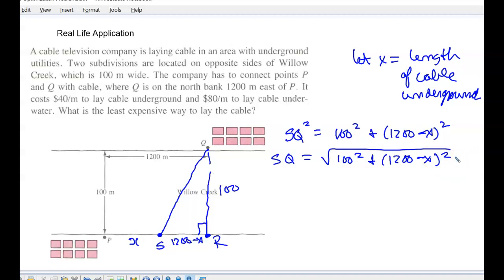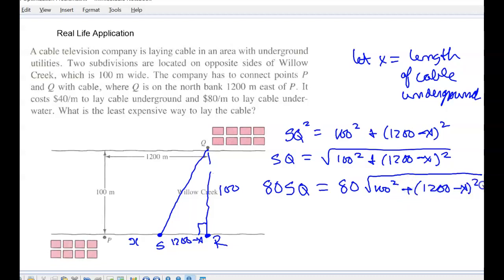Okay, so if we want to figure out the cost of the underwater portion, SQ is underwater, so 80 times SQ is going to equal 80 times the square root of 100 squared plus 1200 minus x all squared.